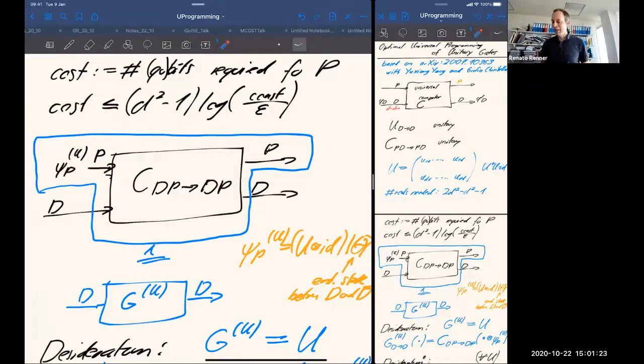Now, of course, it's not obvious, because I told you all the information you need to reconstruct U is in this state. Of course, this processor doesn't have a description of the state. It only has the state itself.